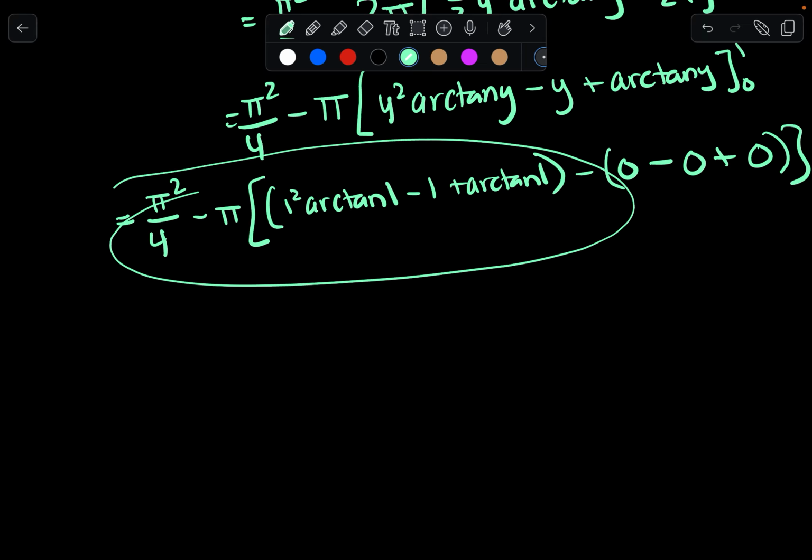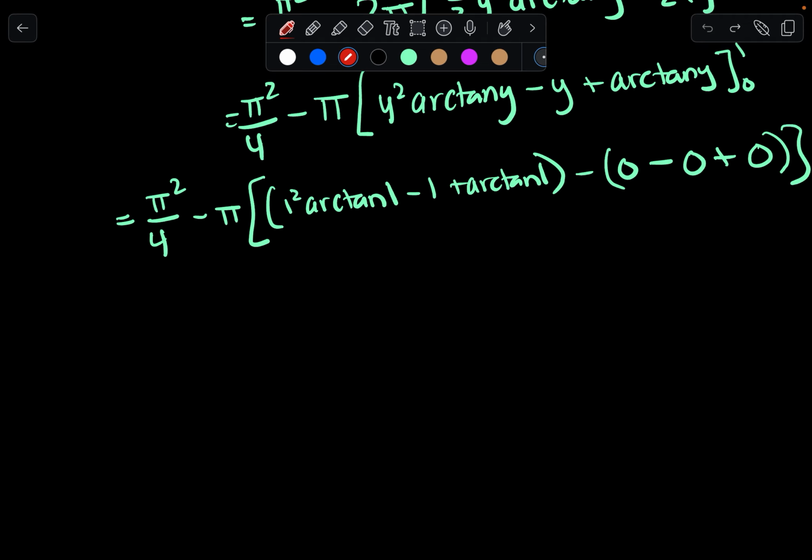You cannot leave it like this, okay? You have to evaluate trig. Once you evaluate the trig after the first fundamental theorem of calculus, then you can stop. All right, so we have pi squared over 4 minus pi. Arctangent of 1 is going to be pi over 4.